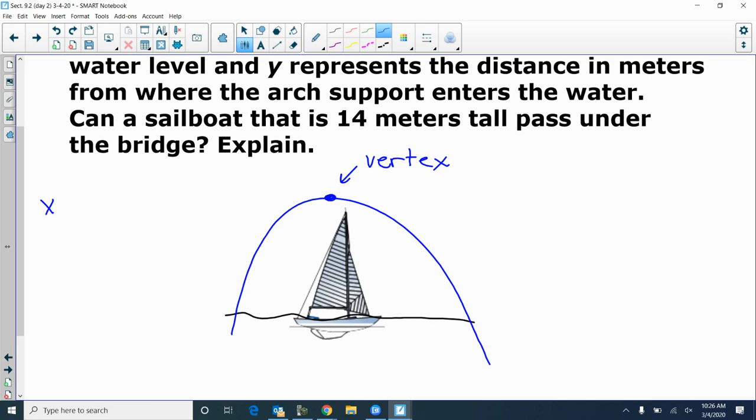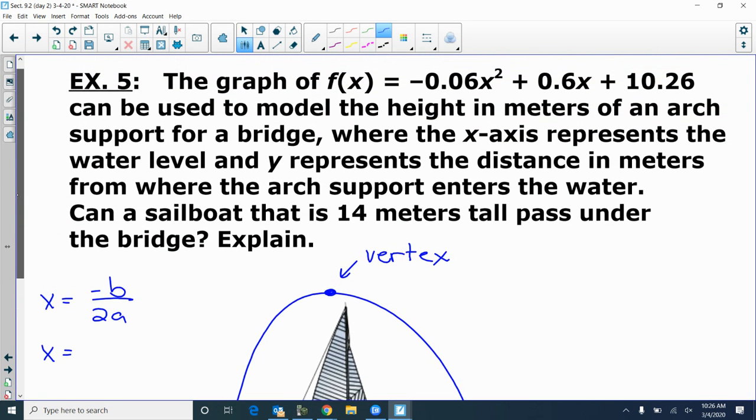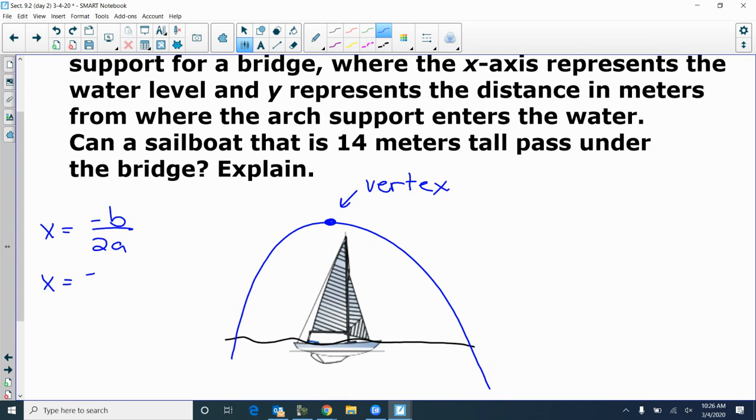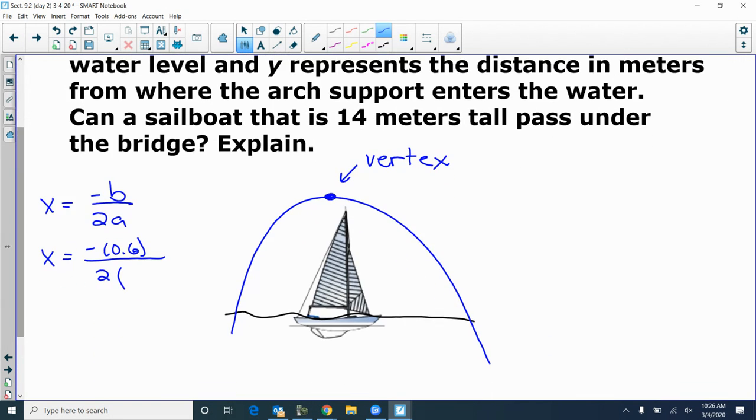So x equals negative b over 2a. B is 0.6. What is a in this case? A is negative 0.06. All right, substitute that in your calculator.